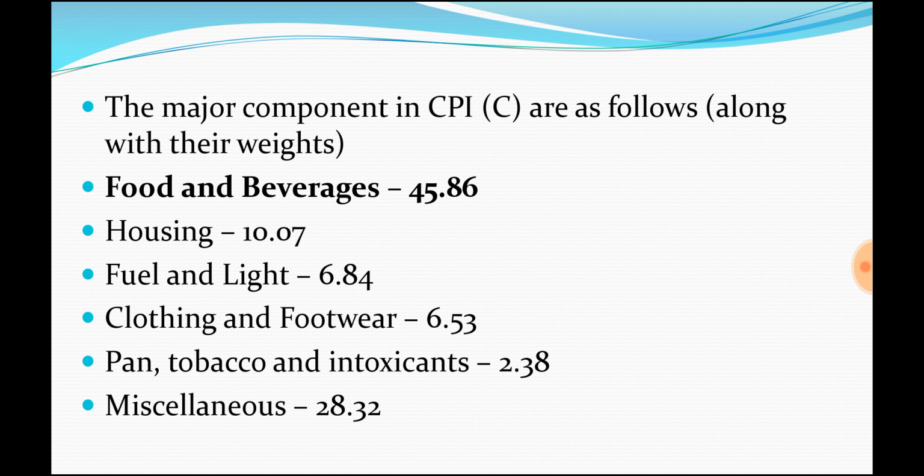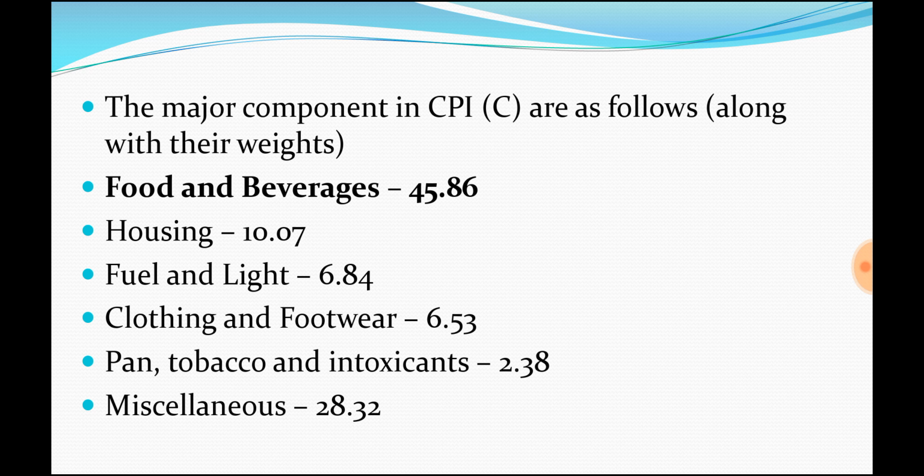So what will be the major components in the consumer price index? Foods and beverages get the highest value. In the wholesale price index we saw that manufactured goods get the highest value. In the consumer price index, it is foods and beverages, because they are the major items consumed by a large number of people, so they get 45.86% weightage.